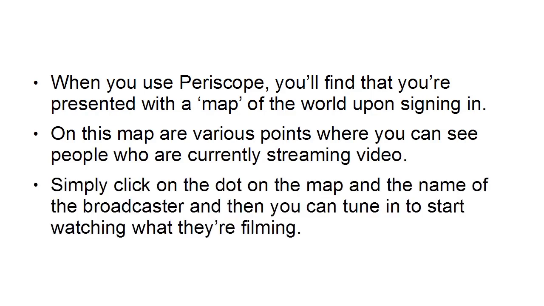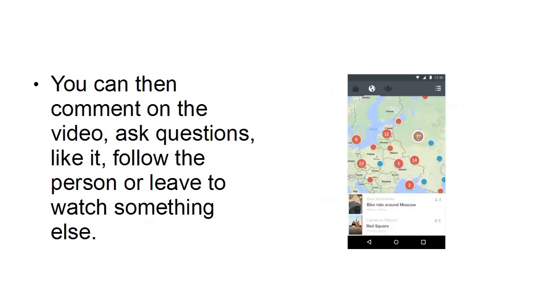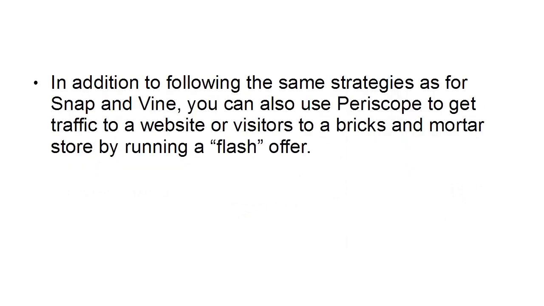So simply click on the dot on the map and the name of the broadcaster, and then you can tune in and start watching what they're filming. It's a bit like having your own TV station in that respect. And you can then comment on the video, you can ask questions, you can like it, you can follow the person, or you can leave and watch something else.